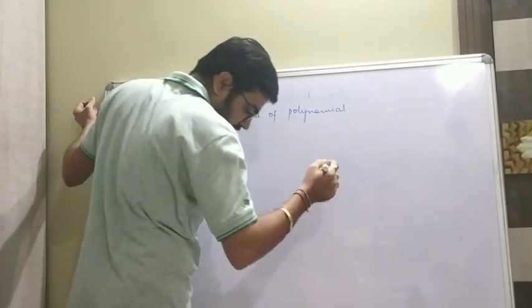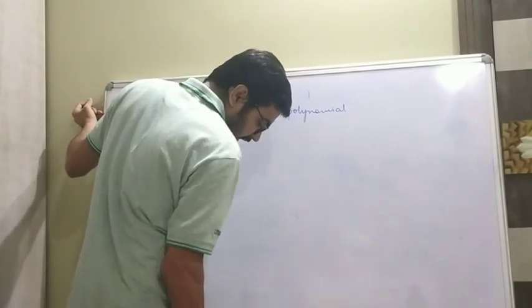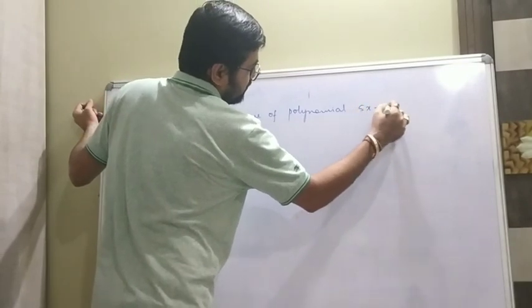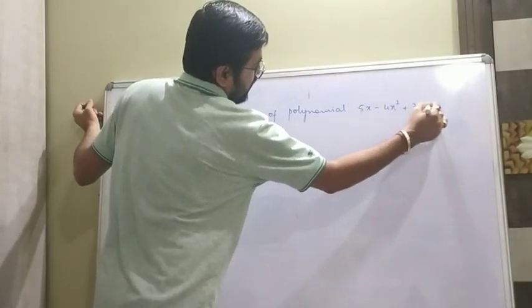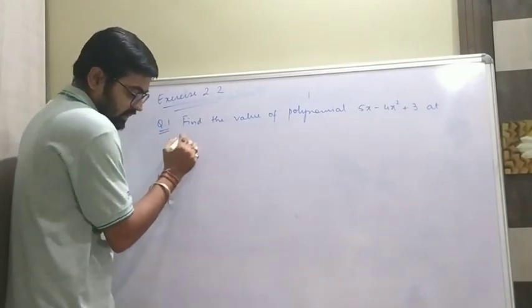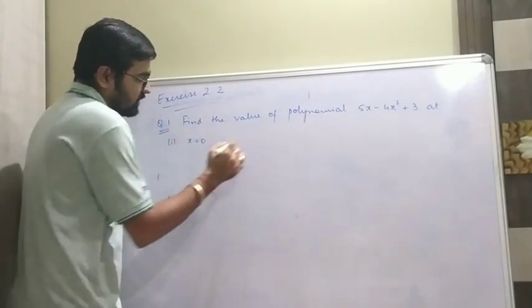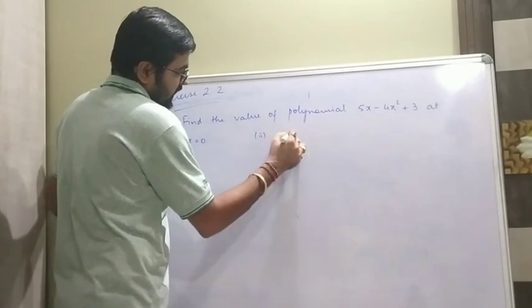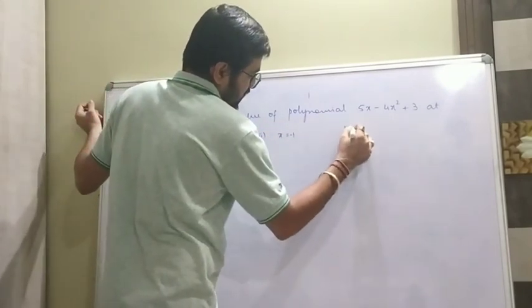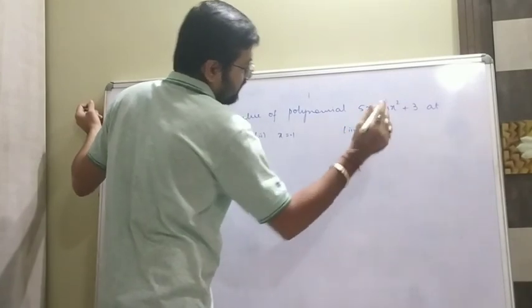And the polynomial we have is 5x minus 4x square plus 3. First, at x equals 0. Second, at x equals minus 1. And third, at x equals 2.